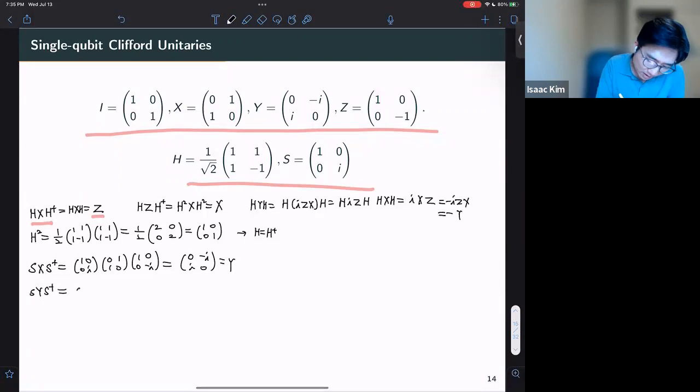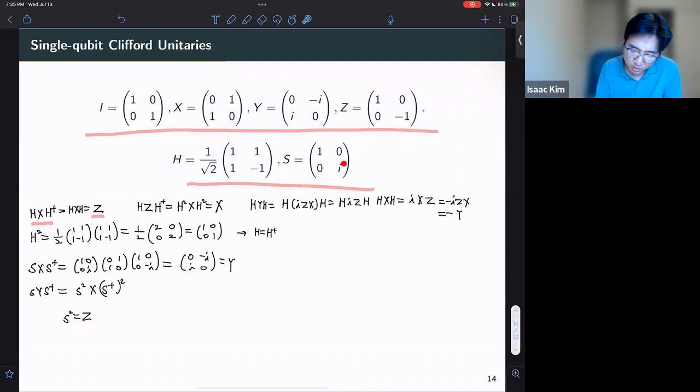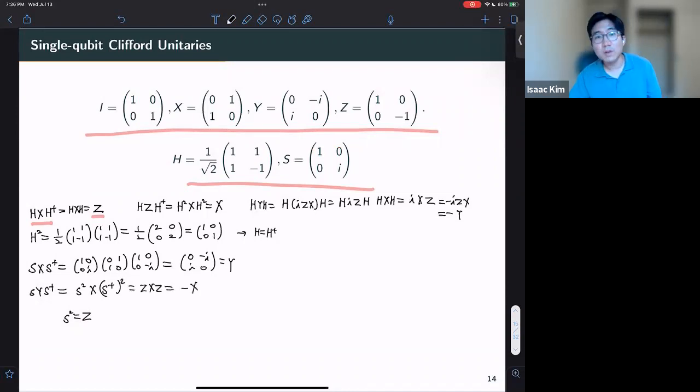Well, that's simply S squared X S dagger squared. But S squared is simply Z, because 1 squared is 1 and i squared is minus 1. So that's just 1, 0, 0, minus 1. So Z X Z is equal to minus X. So indeed, everything checks out.